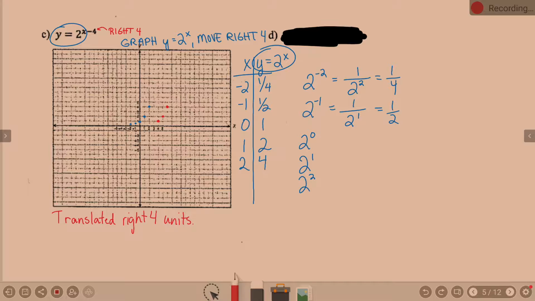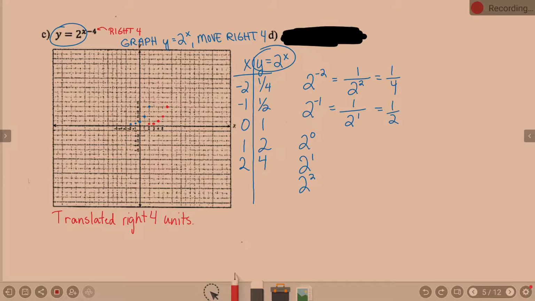Negative 1, 1/2. If I move that right 4, I end up at 3, 1/2. And negative 2, 1/4. If I move that right 4, I end up at 2, 1/4. Those red dots are my answer. Okay, those red points are my answer.